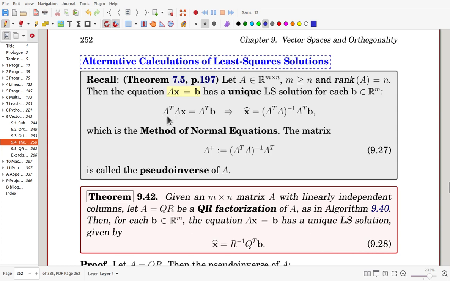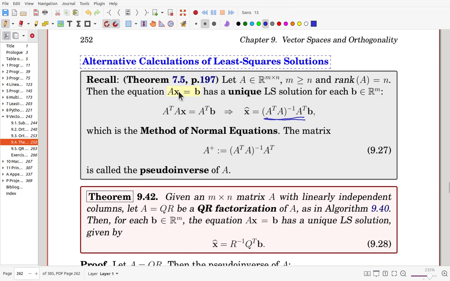We multiply A transpose on the left-hand side of the given equation, and we get the matrix A transpose A inverse times A transpose, which plays the role of an inverse.